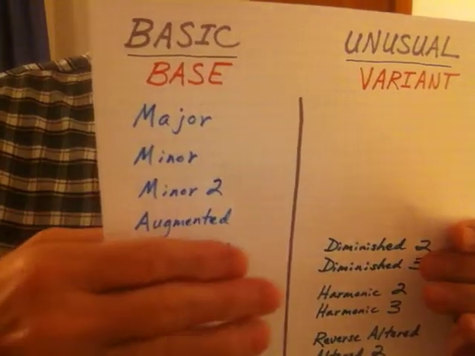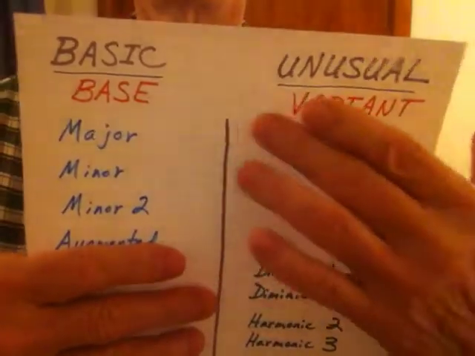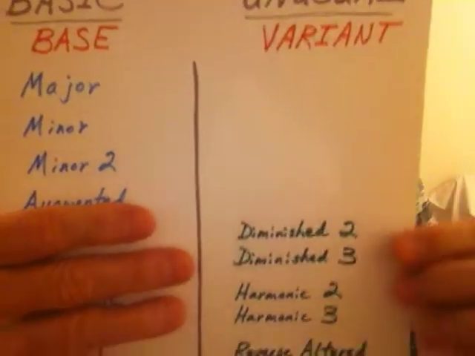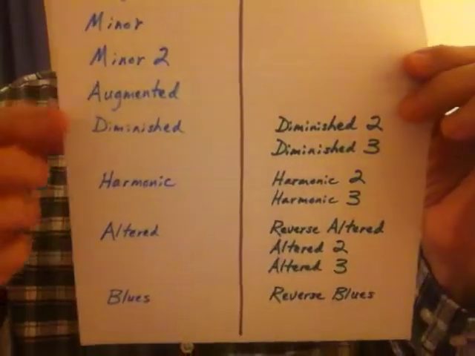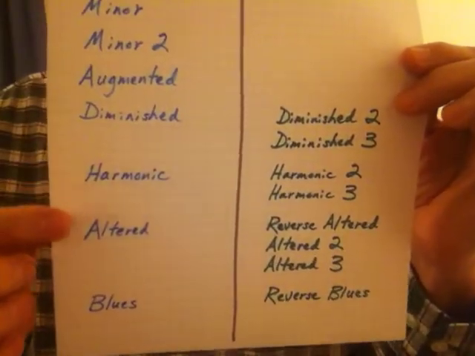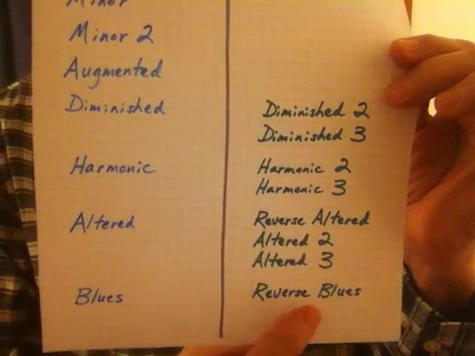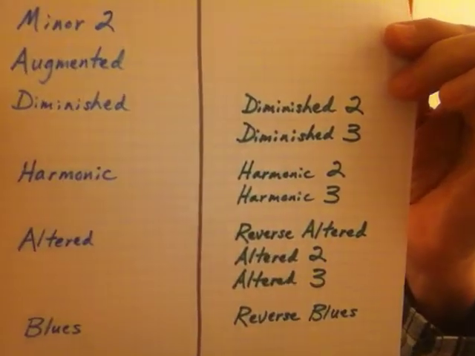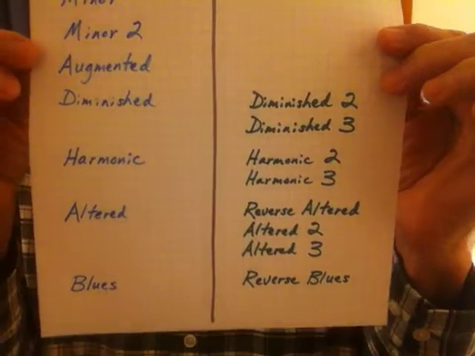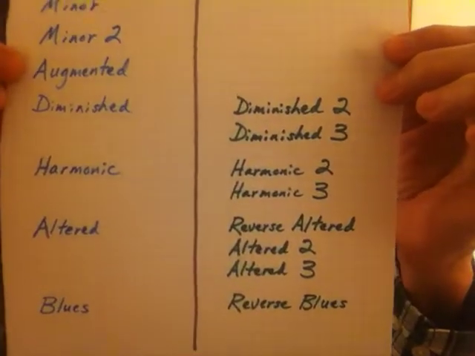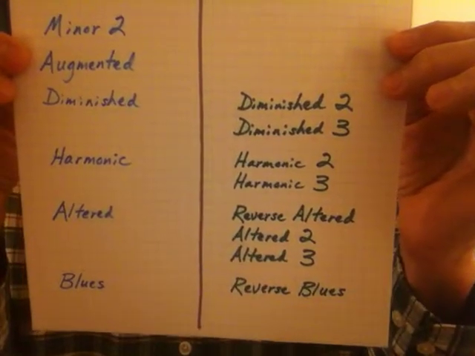These 4 basic scale phrases really don't have any variants. But down here you see your diminished, harmonic, altered, and blues have your variant scale phrases. It's just a nice little clean, neat system that I have. But for those who really care about theory, I did not put that in my book.